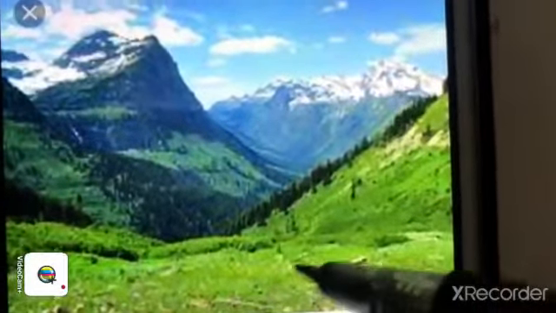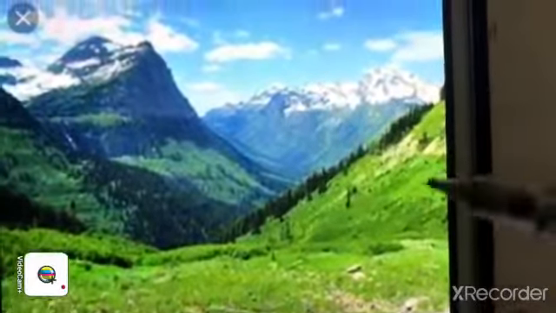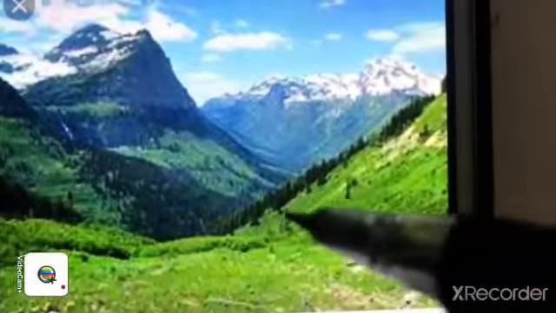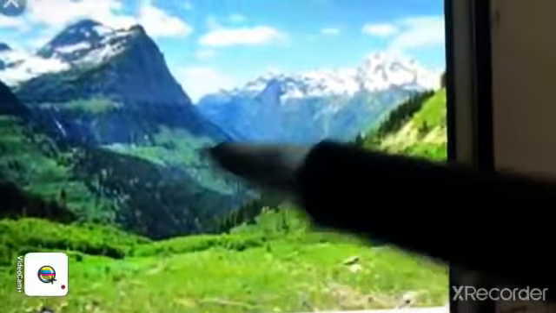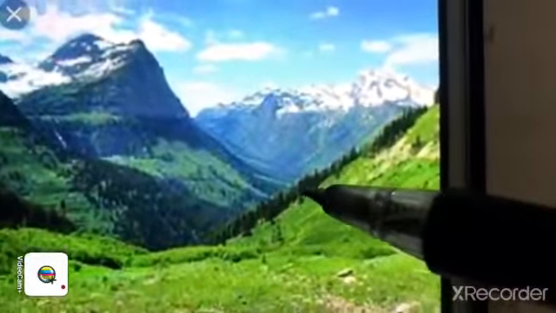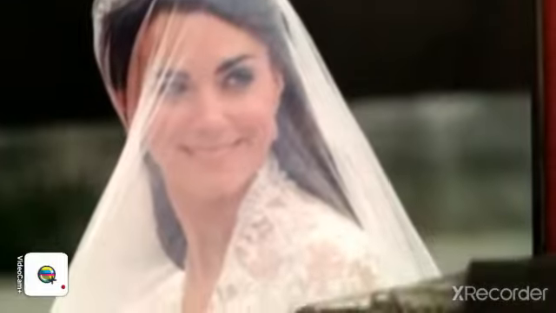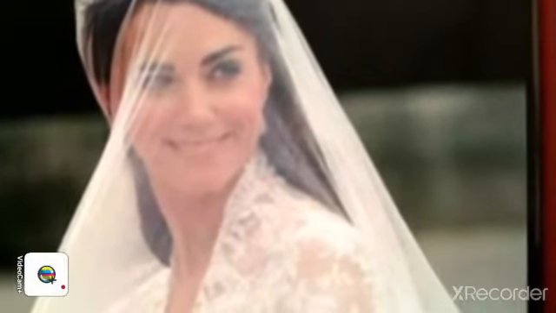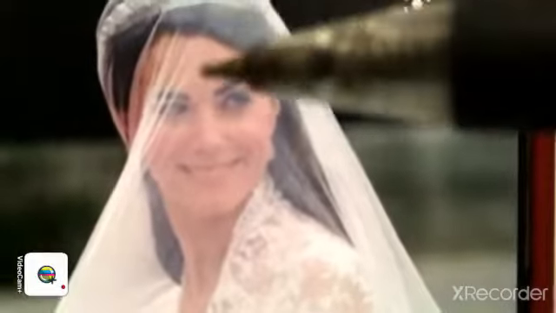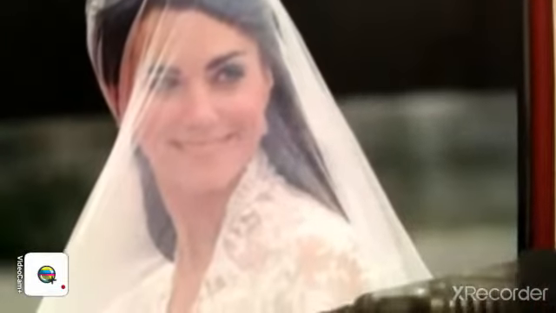Vale means a valley. A valley is a place with greenery and mountains. So, can a bride have this kind of veil? No. Veil is a thin material for covering the face. This is veil.